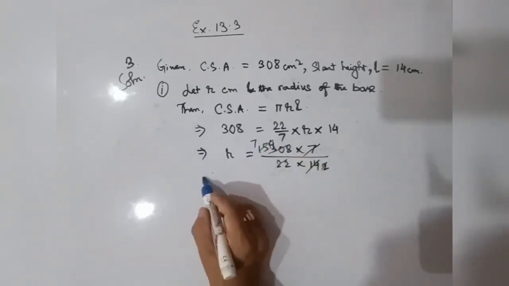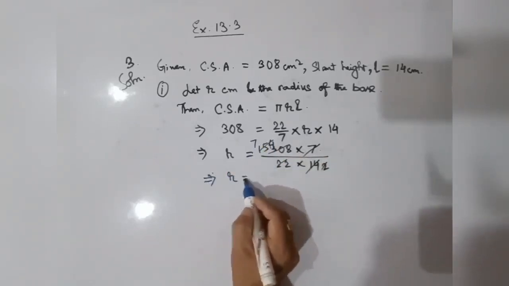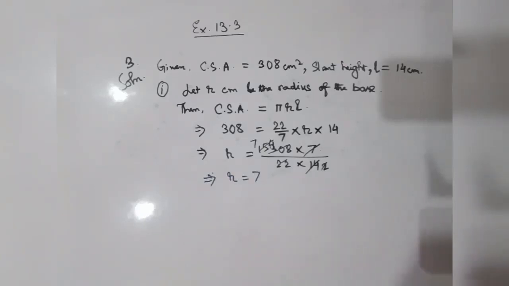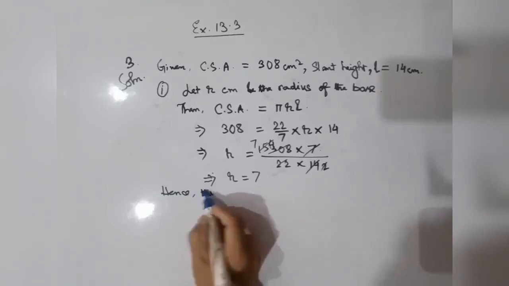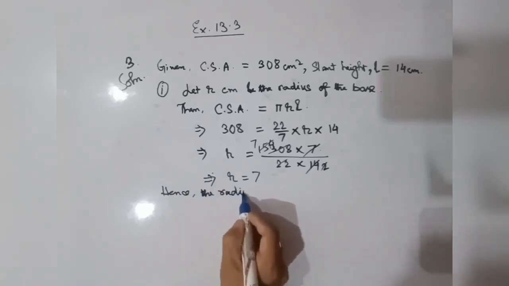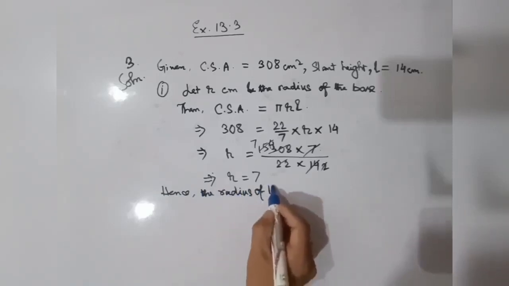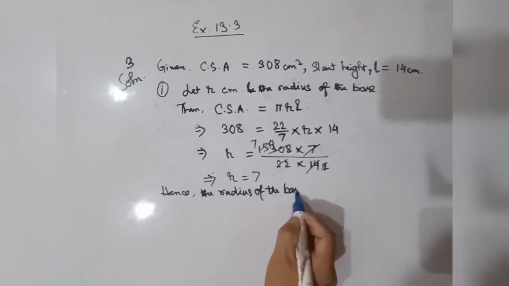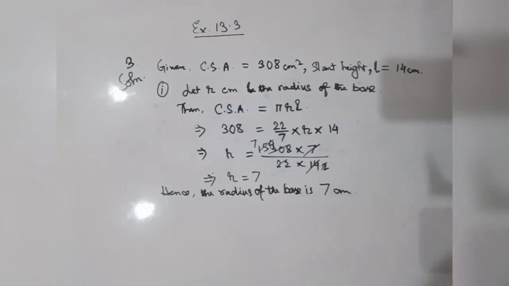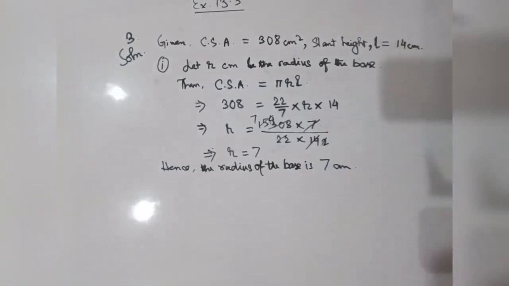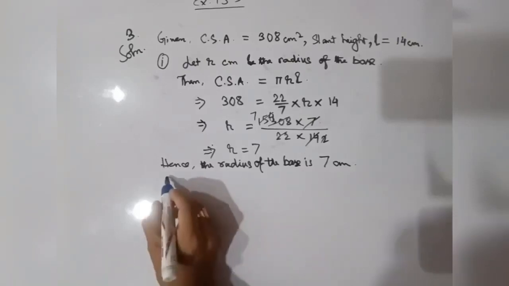So the value of R is equal to 7. Hence, the radius of the base is 7 centimeter.